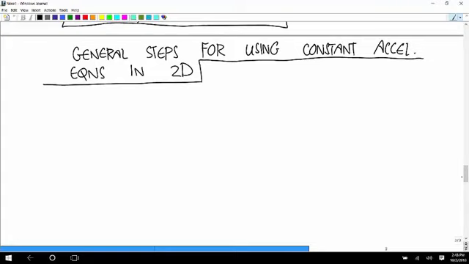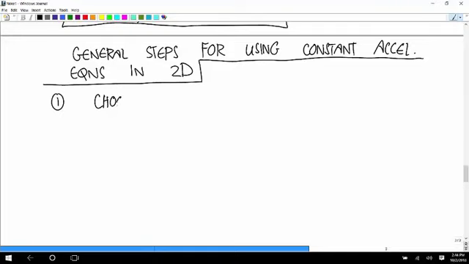These steps are going to follow really closely the steps in 1D. So, what was the first step in 1D kinematics for using those equations? We had to choose 4 things. Yep, right. Time equals 0. Time final. Yep, right, good.